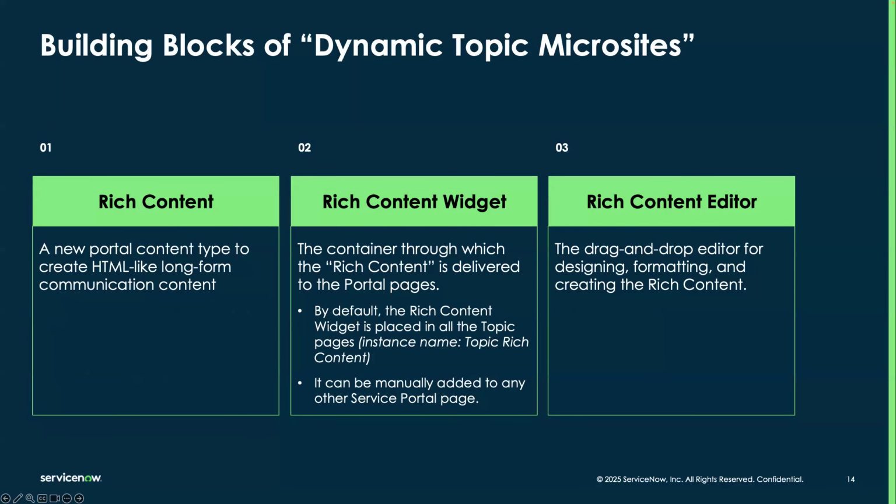So there are three key building blocks that make up the dynamic topic microsites functionality. First is rich content. And I've been using this term a lot up till now, but this is essentially what it means. This is a brand new portal content type that we have introduced, and it's designed for long form HTML style communications.